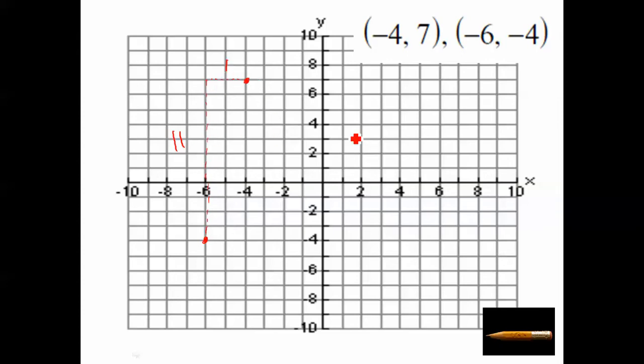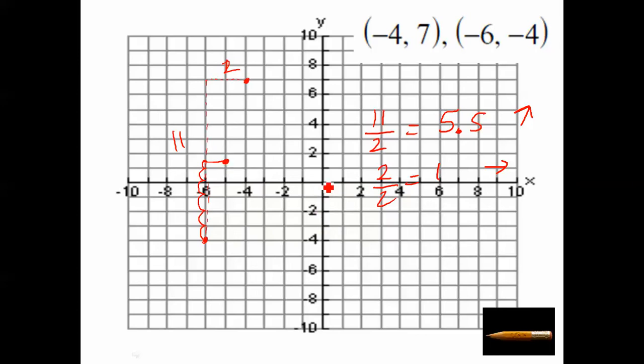So I'm going to cut those distances in half. 11 divided by 2 equals 5.5, or 5 1/2, and 2 divided by 2 is 1. So instead of going up 11 and over 2, I'm going to go up 5.5 and over 1. So I go up 1, 2, 3, 4, 5.5 and over 1. So here is my midpoint.